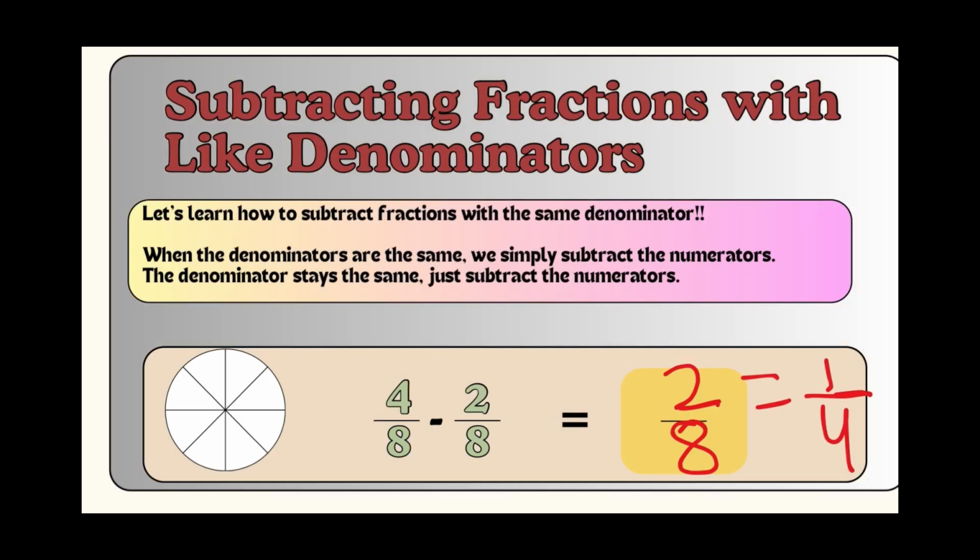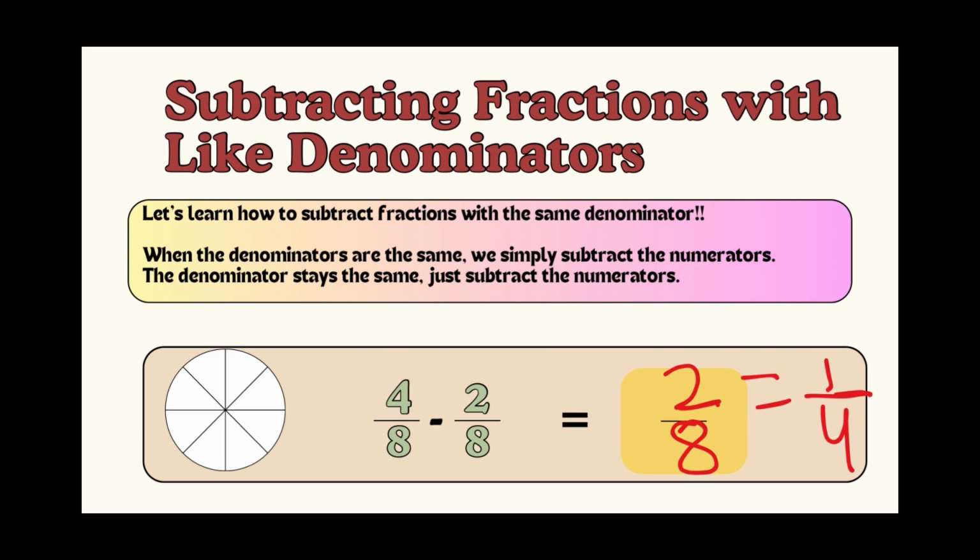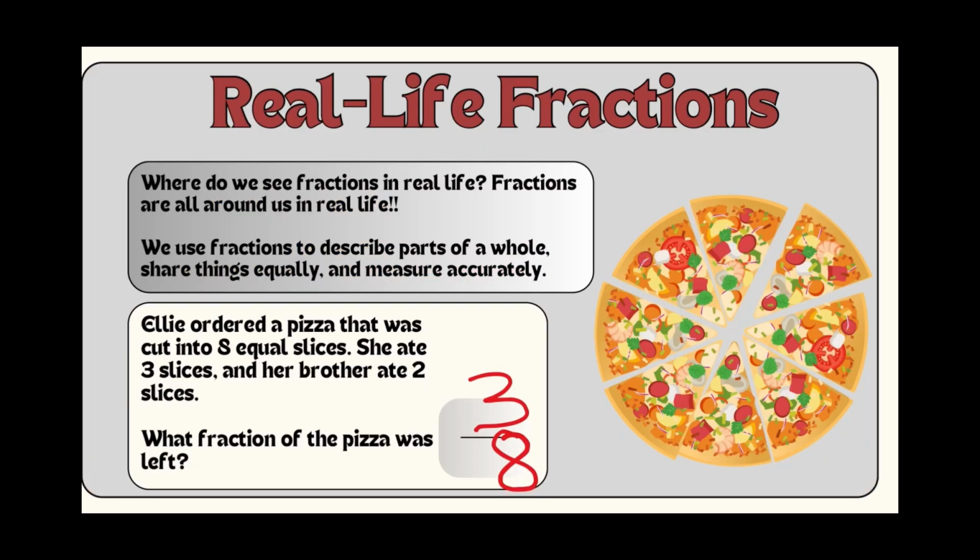It is the same for subtraction. When subtracting with the same denominator, we have 4 by 8 minus 2 by 8. 8 is the common base, and 4 minus 2 is 2. So we got the fraction 2 by 8. Further, we can simplify 2 by 8 as 1 by 4.